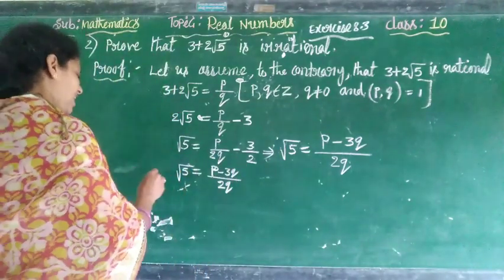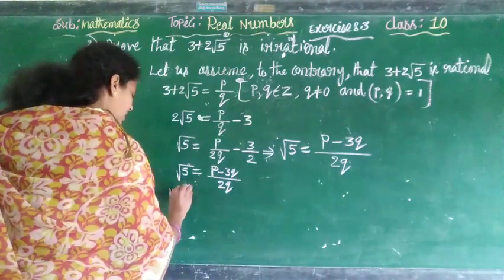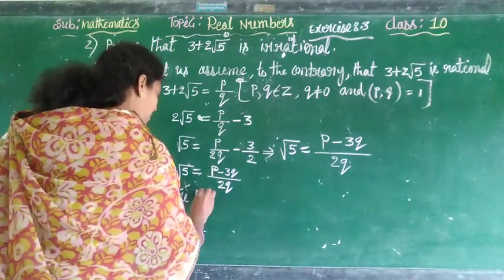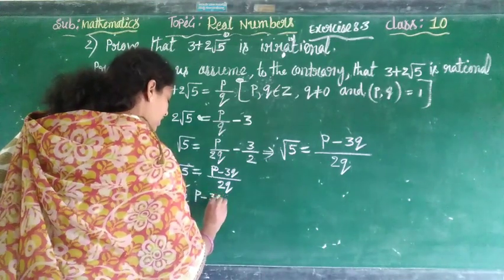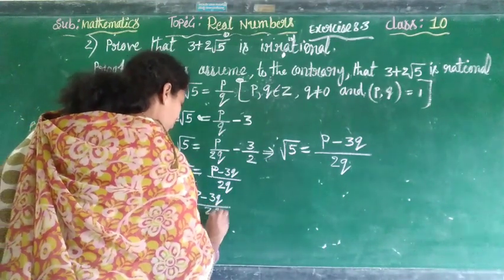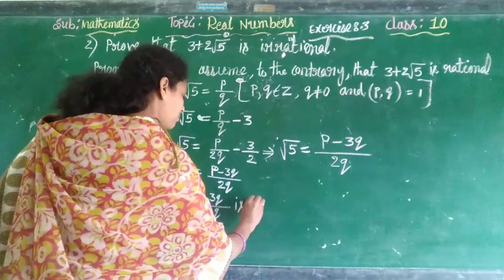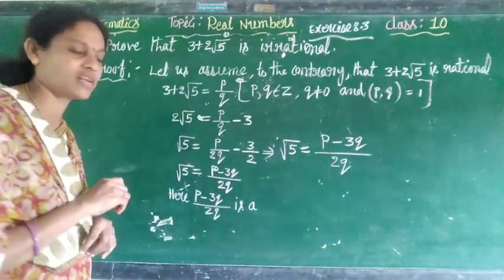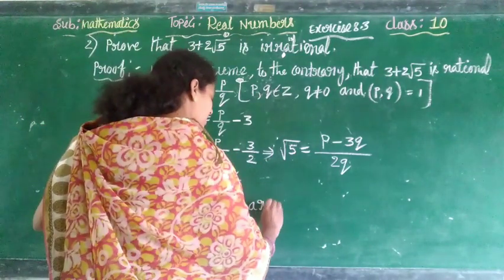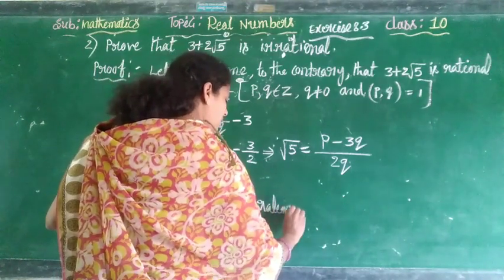So here p minus 3q by 2q is a rational number.